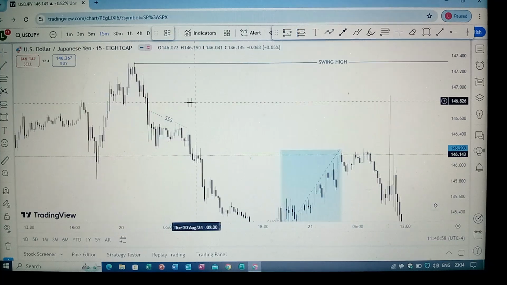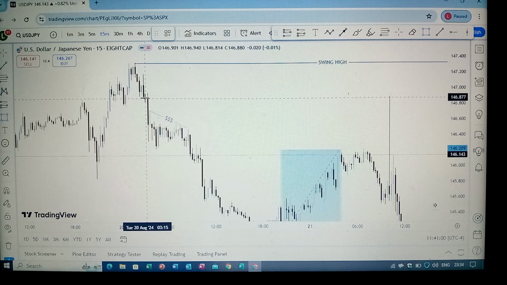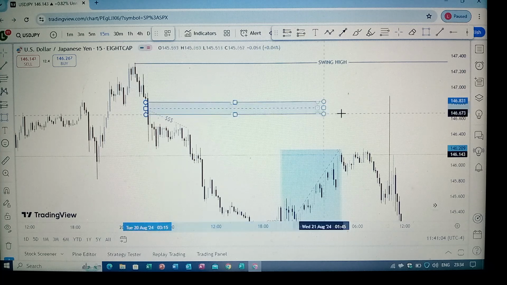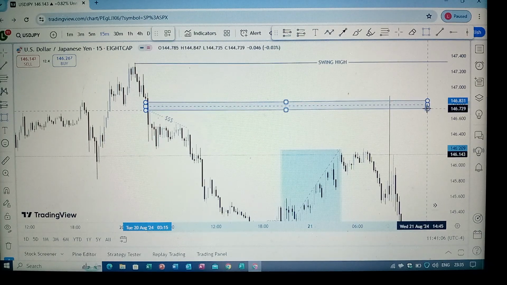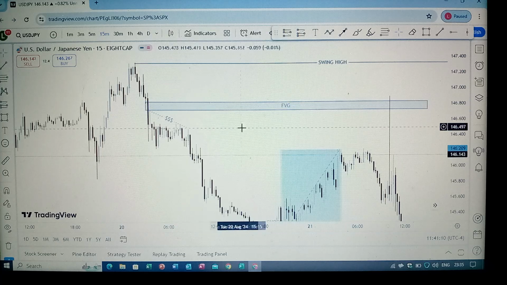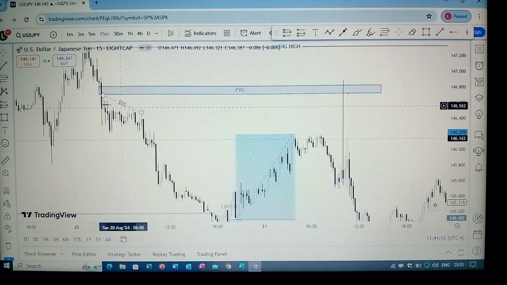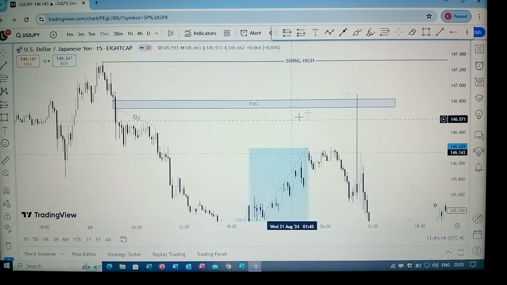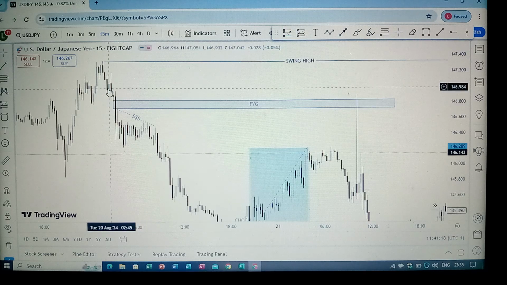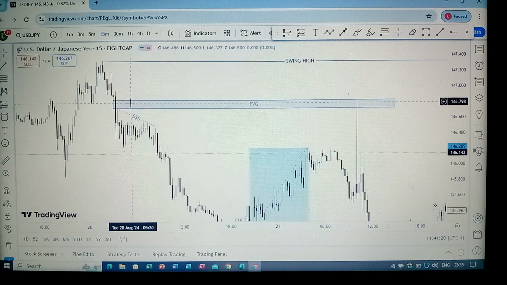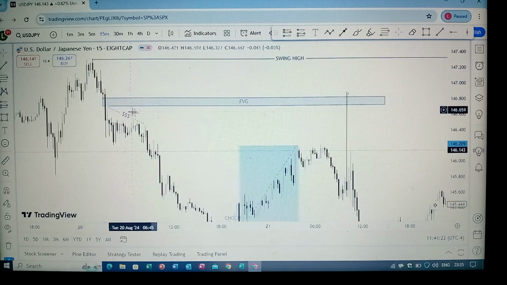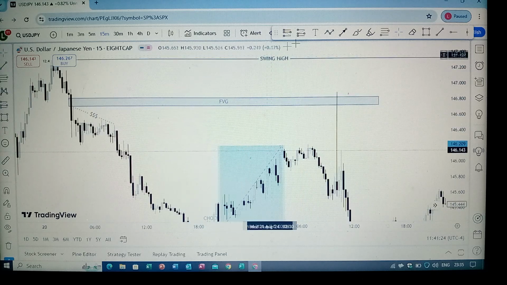And I actually have this small fair value gap down here before our liquidity, just below our fair value gap. We had this liquidity. So overall, I was targeting to take my shorts from this supply level, but I chose this fair value gap because we had liquidity resting below it.